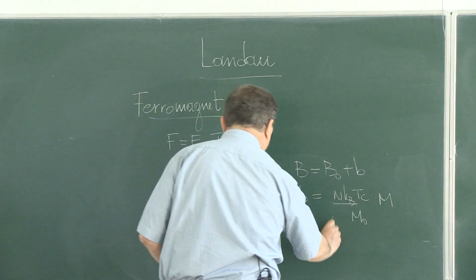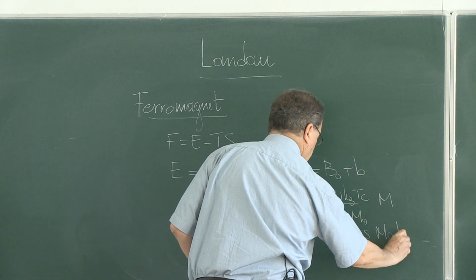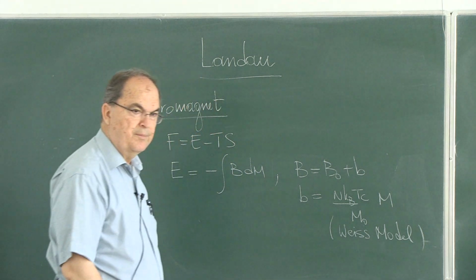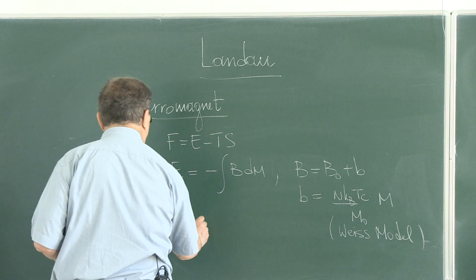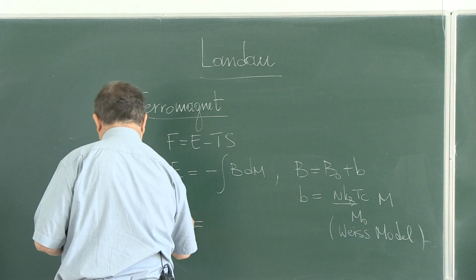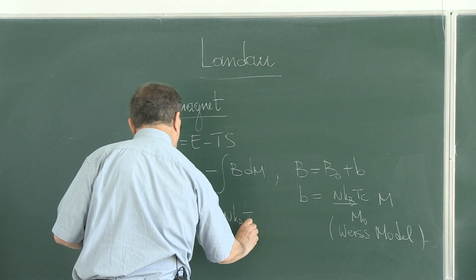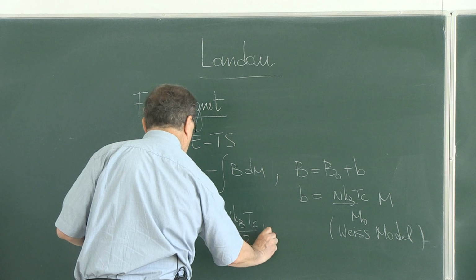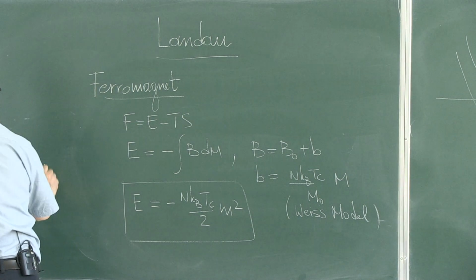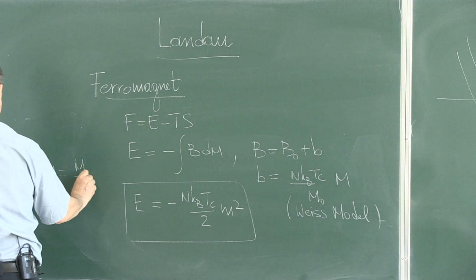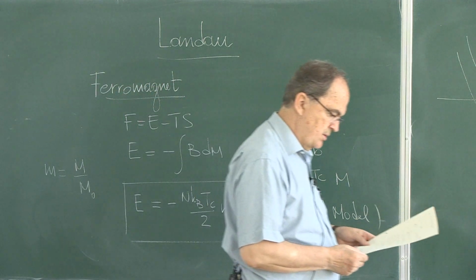This is the Weiss model. That means mean field approach. We have explicitly the energy, which is minus N k_B Tc over 2 times m squared. Here m is m over m0. This is the induced magnetization, if you like.